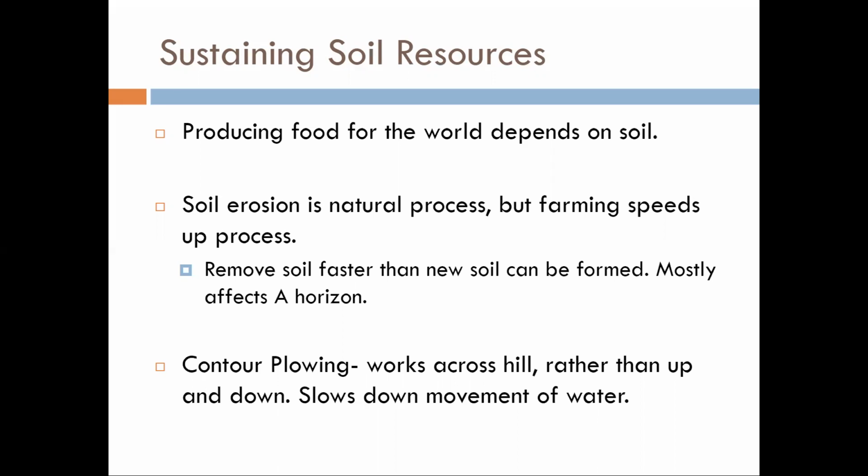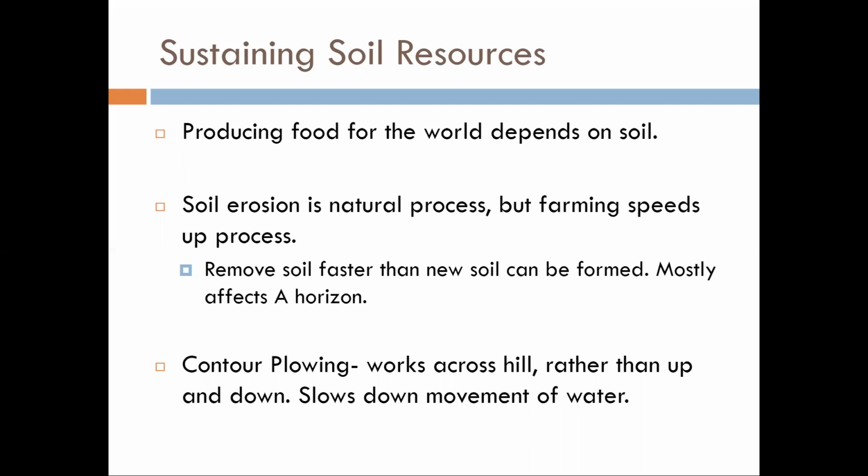So again, soil is removed faster than the new soil can be formed. And this mostly affects Horizon A. What was Horizon A? Topsoil, yes. This is the layer of soil that contains most of the plant roots.